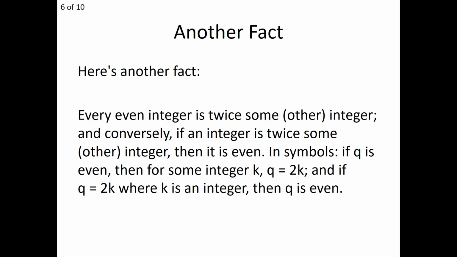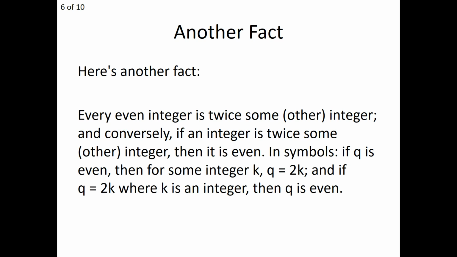Here's another fact. Let's look at any even integer, positive or negative, and we're going to particularly start with the positives. Every even integer can be expressed as twice some other integer. Think about the number 6, an even integer.